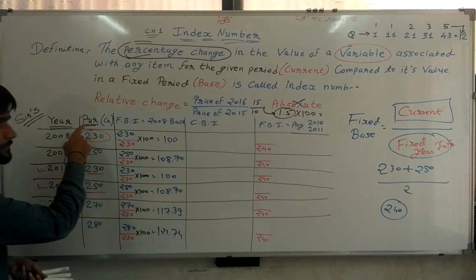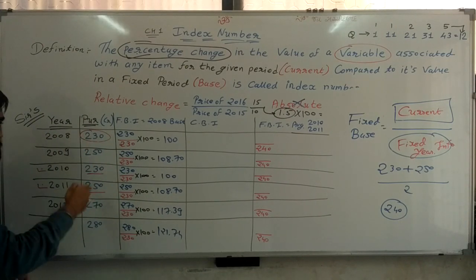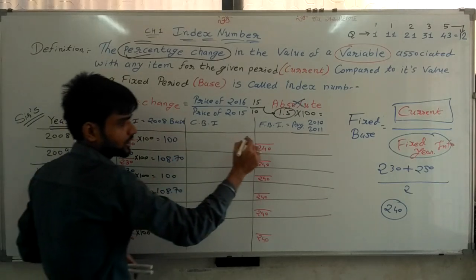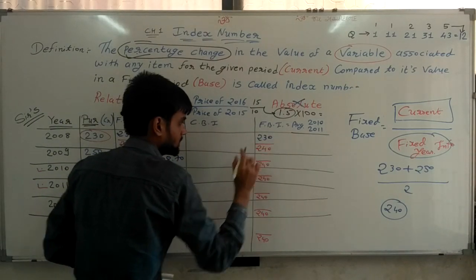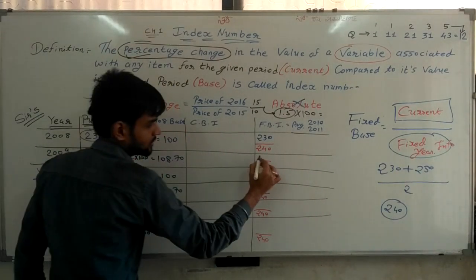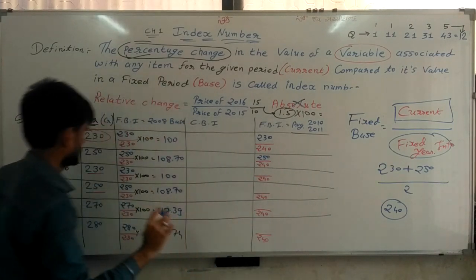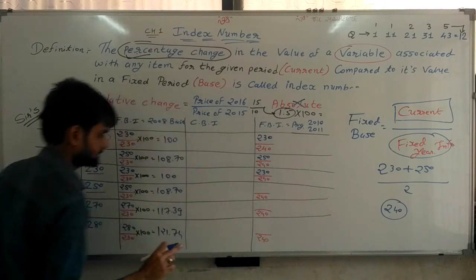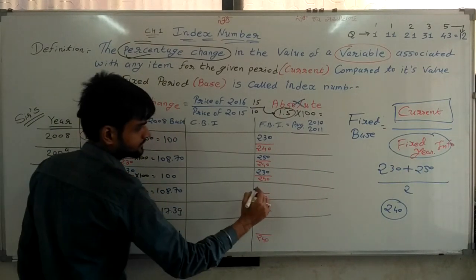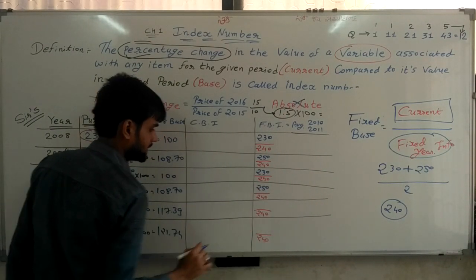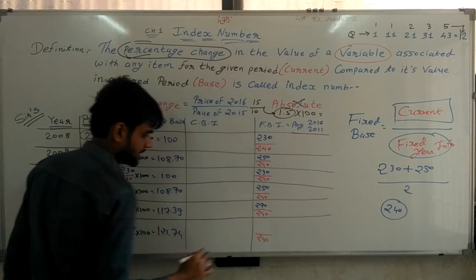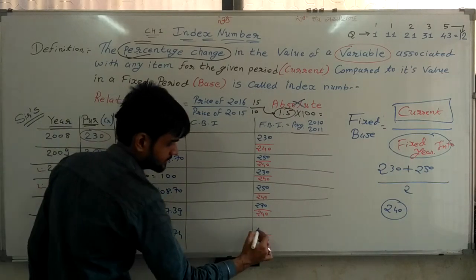Current year purchase given. Current year 230, 250, 230, 230, 250, 250, 270, 280.